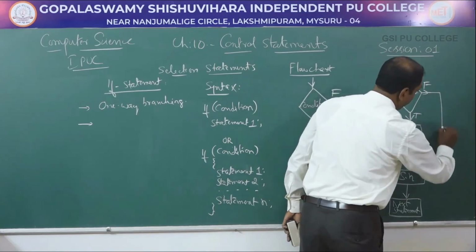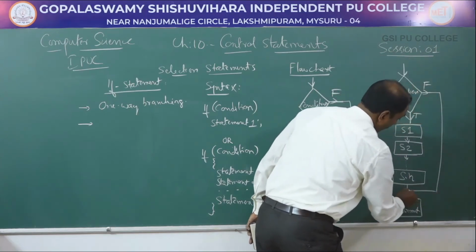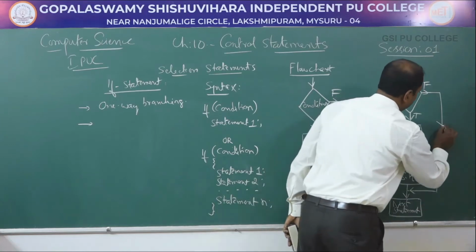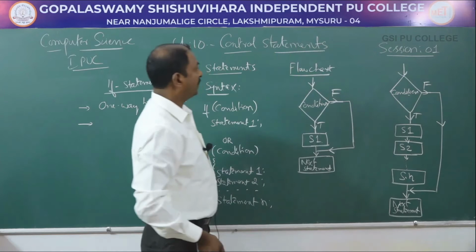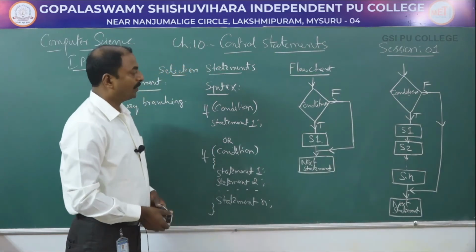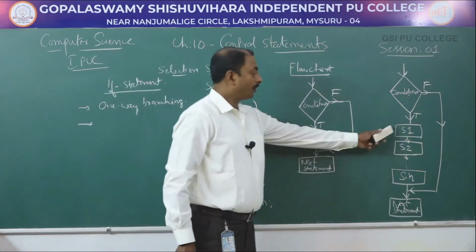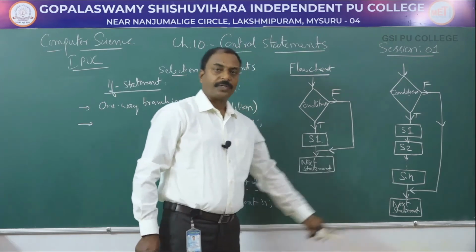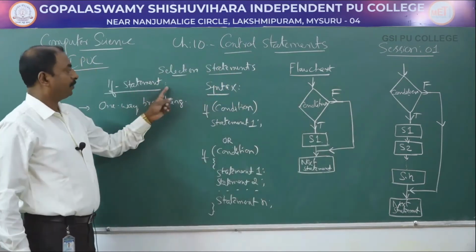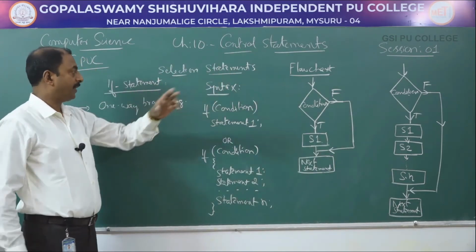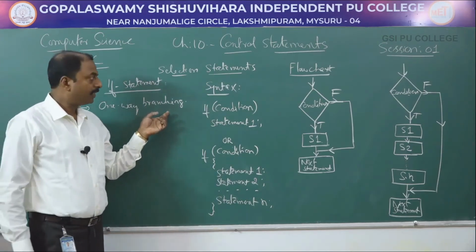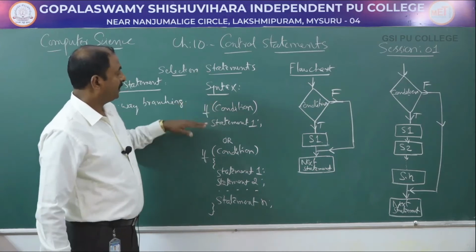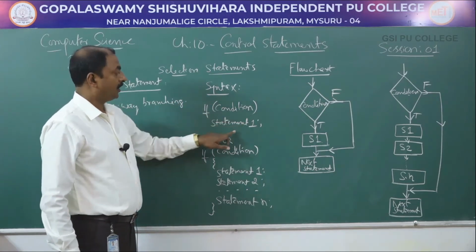If condition fails, directly it goes to next statement. See, this is another flow chart to represent a group of statements or a block of statements. If statement, selection statement, and this is called as one-way branching, and here the syntax is: if condition statement 1.